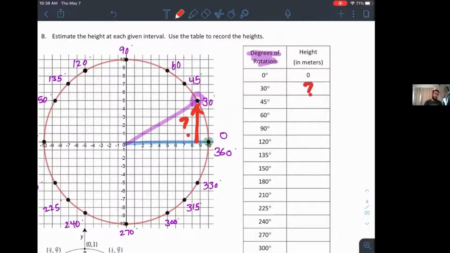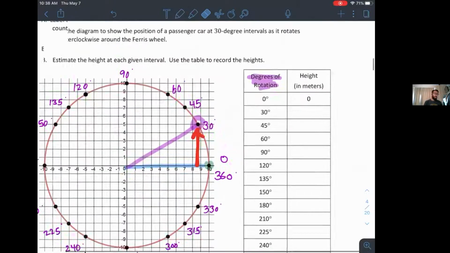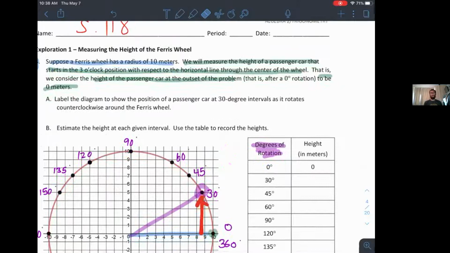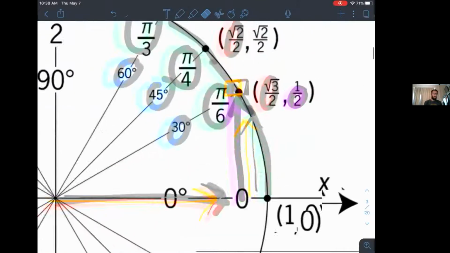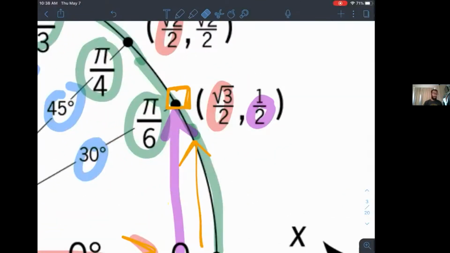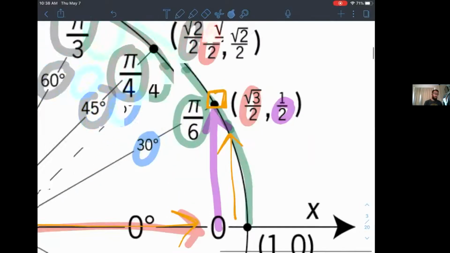What's your height? We can use our knowledge of the unit circle to our advantage here, because we know that the unit circle at a 30-degree rotation, through our knowledge of sine and cosine, really SOHCAHTOA and 30, 60, 90 right triangles, is the following ordered pair: √3/2, 1/2.